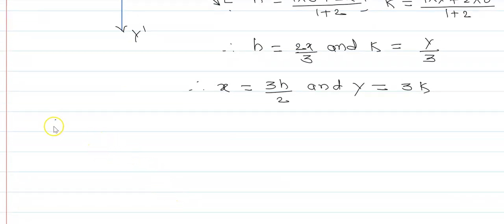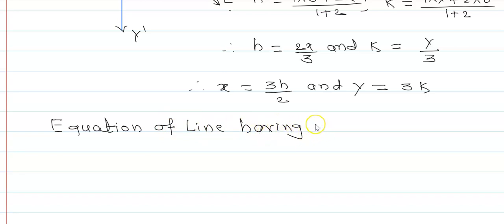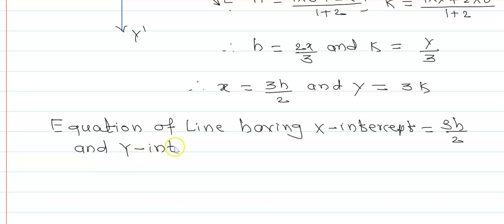Equation of a line having x-intercept equal to 3h upon 2 and y-intercept equal to 3k.